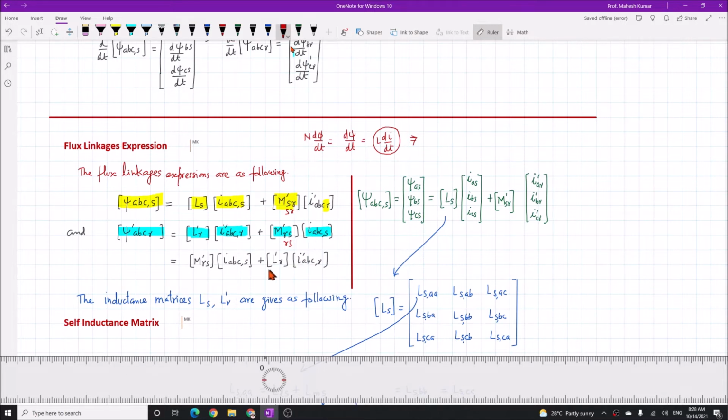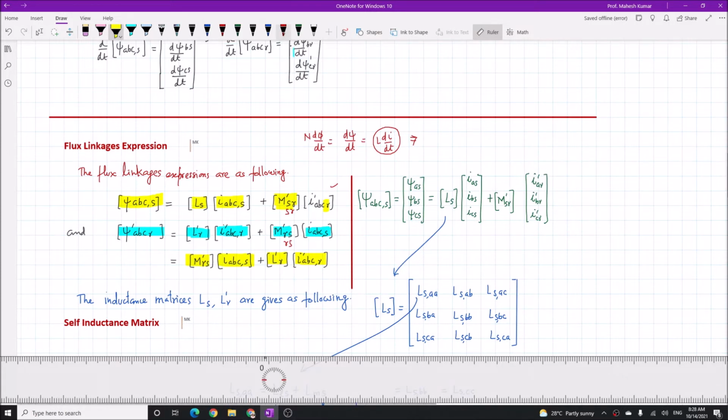We can write in the same format as this equation. So first we will make IABC as here. This comes here, first term, and this is MRS dash, then LR dash on this side and IABCR dash. So then these equations become similar in format, first IABC, then IABCR dash.